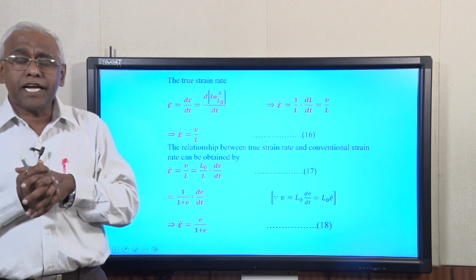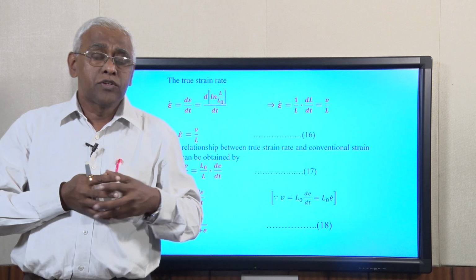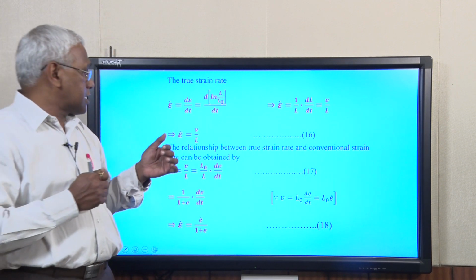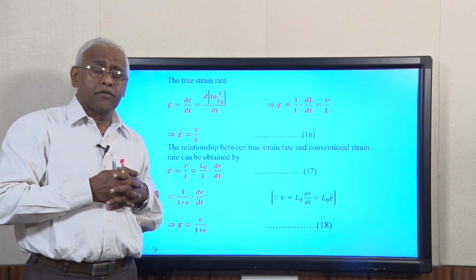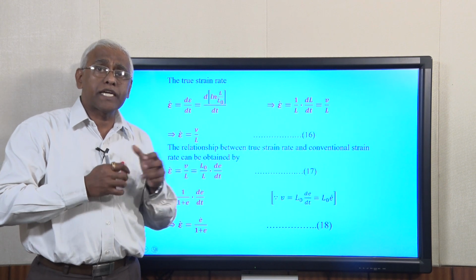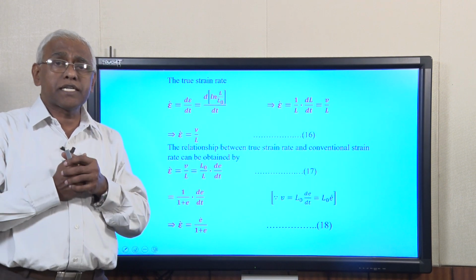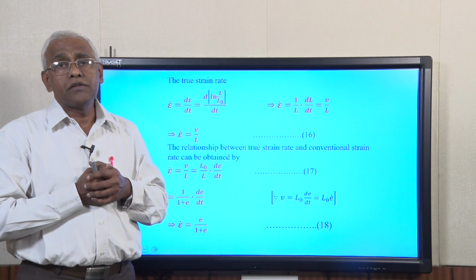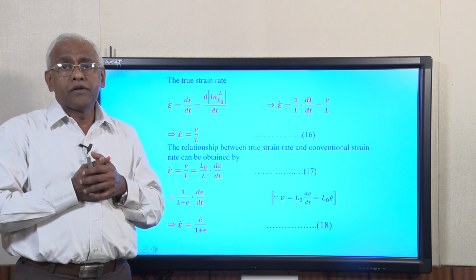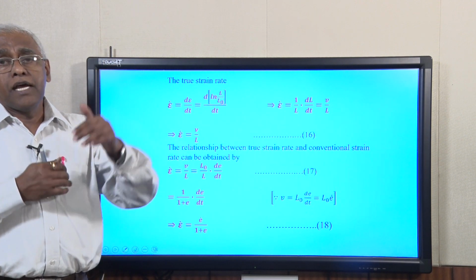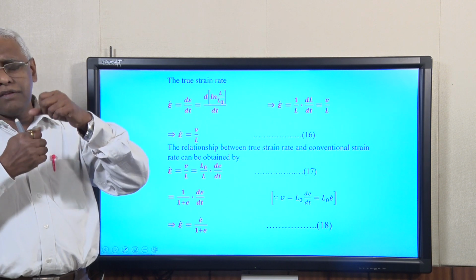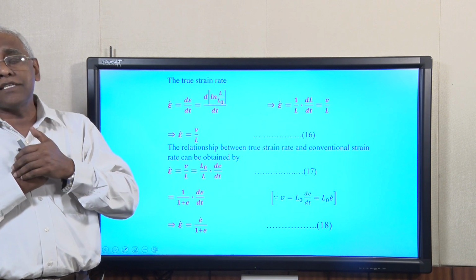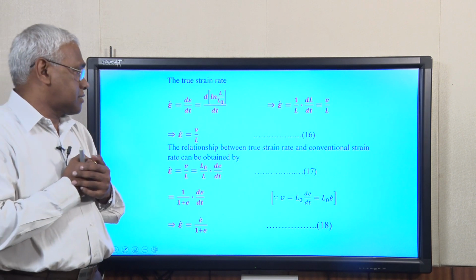By a conventional static machine this is not possible. For a constant true strain rate test, you need a machine with a feedback control system, so that as the specimen gauge length changes, your velocity changes.